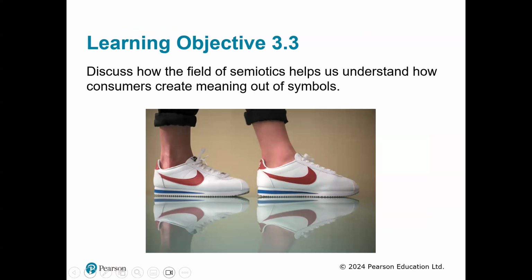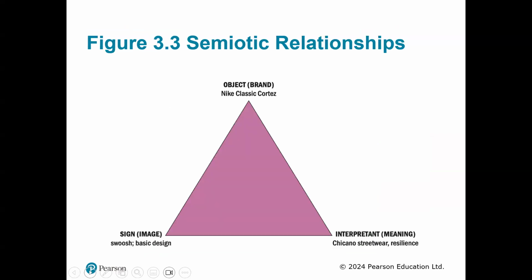Learning Objective 3. Discuss how the field of semiotics helps us understand how consumers create meanings out of symbols. The field of semiotics can help us understand how consumers interpret the meanings of symbols.